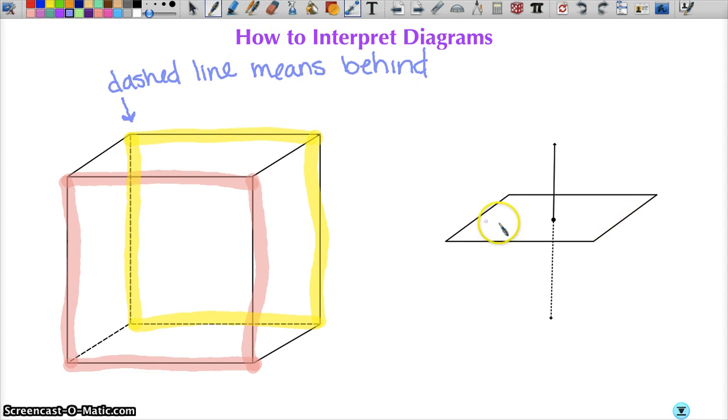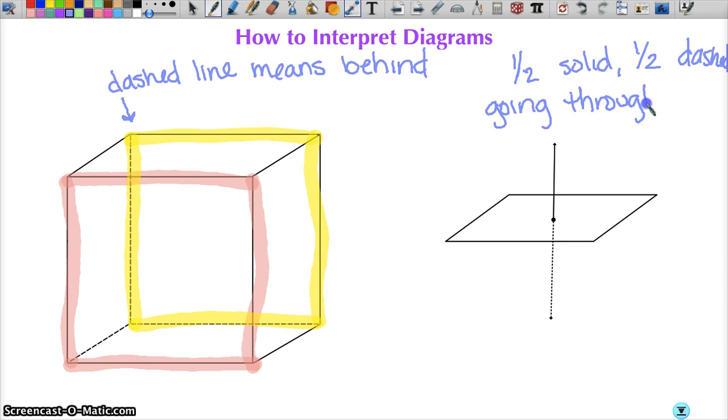Okay, so it's really important that you understand how those work. Now over here you'll see this is a plane, and then we have a line. Part of it is solid and part of it is dashed. So when it is half solid, half dashed, what that means is that it's going through the plane.